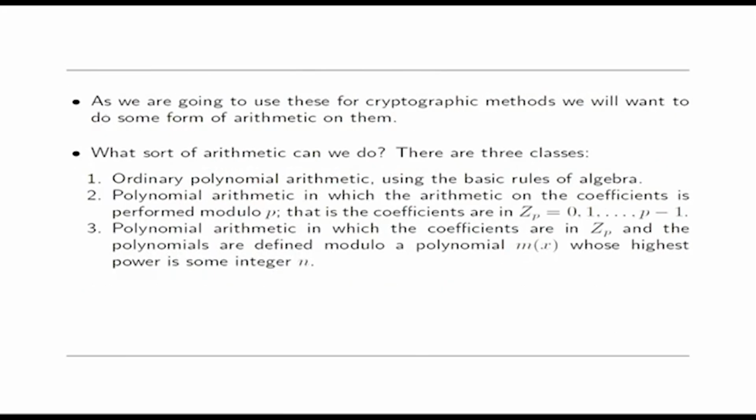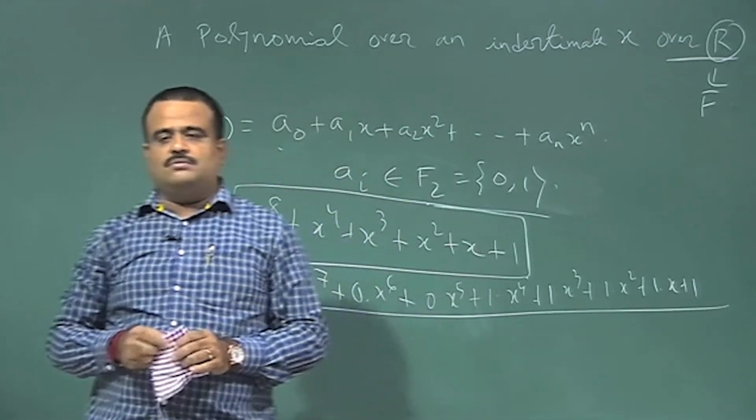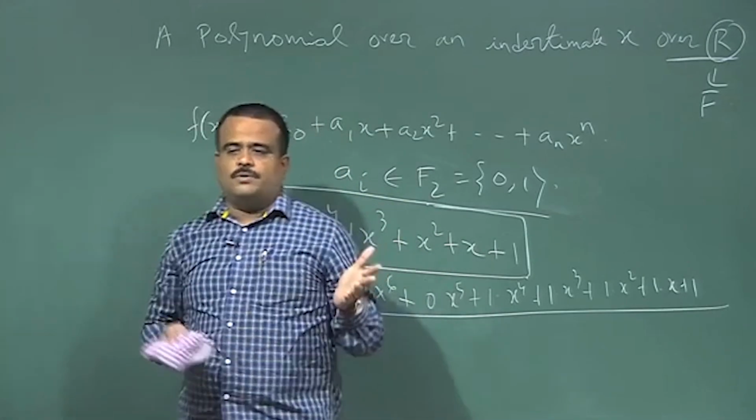Okay. Now for our cryptographic purpose, in polynomial arithmetic we will basically do ordinary polynomial arithmetic, like how to add two polynomials, how to multiply two polynomials, how we can divide two polynomials.